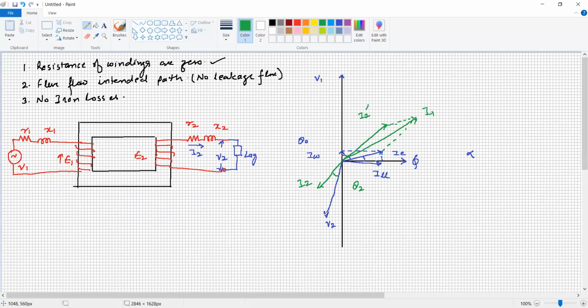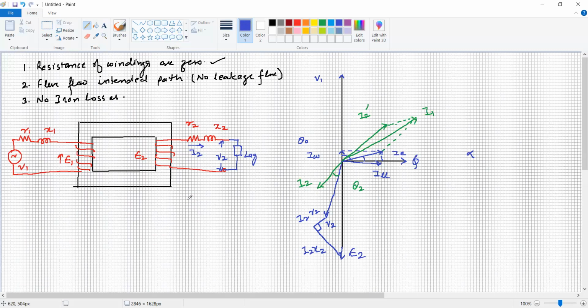Now, in phase with the current there is a resistive drop I2 R2, and the reactive drop, which is in quadrature, is I2 X2. So this is the voltage E2, and V2 is smaller.